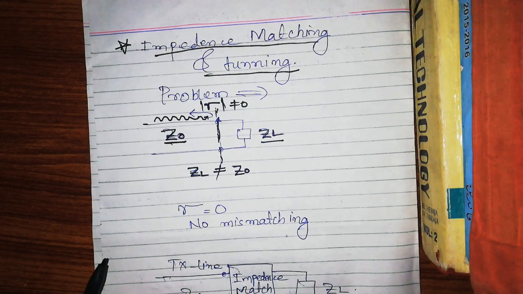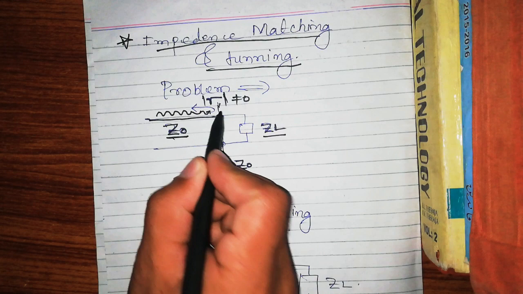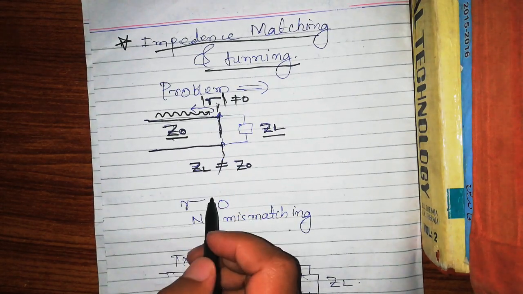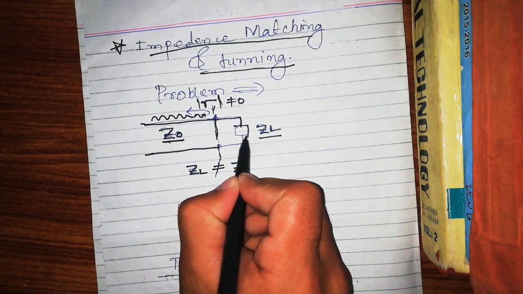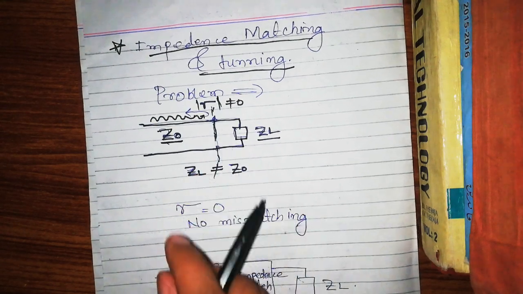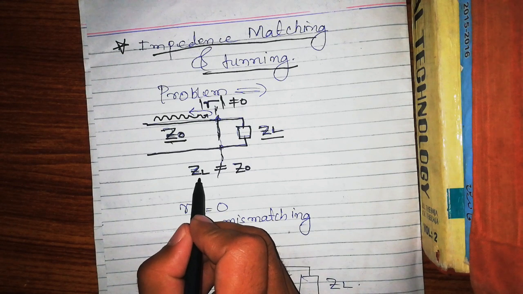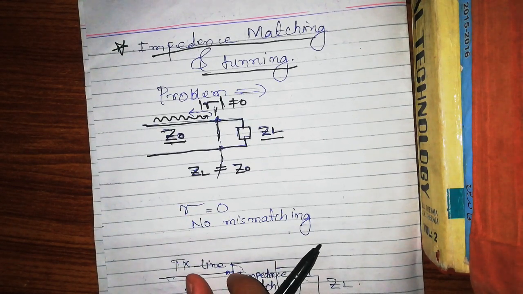So let's see. Suppose you have a transmission line with the characteristic impedance Z0 and you are connecting a load having impedance ZL across the transmission line, such that this load impedance is not equal to Z0. Then what will happen?